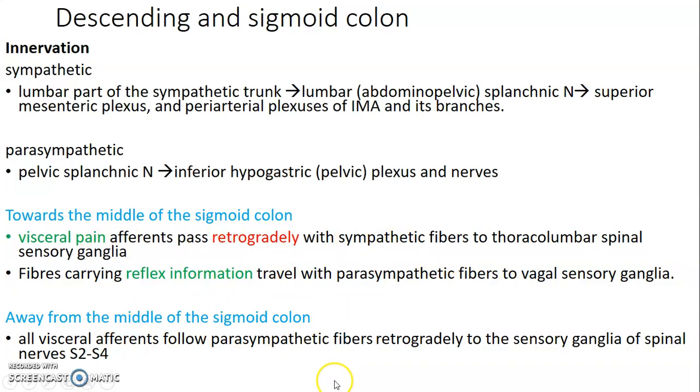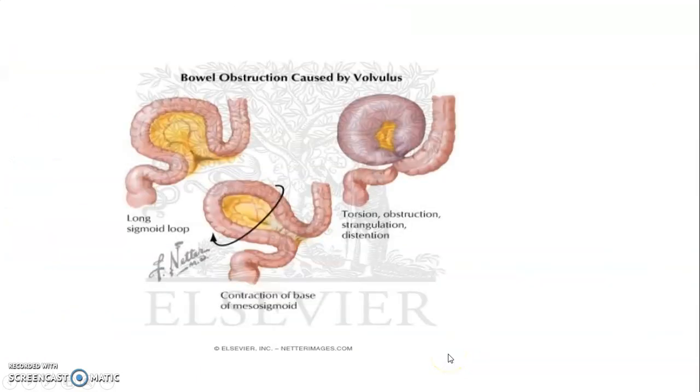But as you move away from the middle part of the sigmoid colon, the visceral afferents usually follow the parasympathetic fibers retrogradely to the sensory ganglia of the spinal nerves. So towards the middle part, the visceral afferents follow sympathetic fibers, but away from the middle of the sigmoid colon, visceral afferents follow parasympathetic. Both are retrograde. Okay.